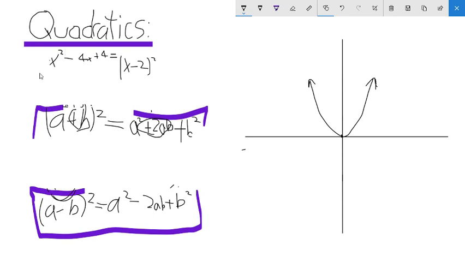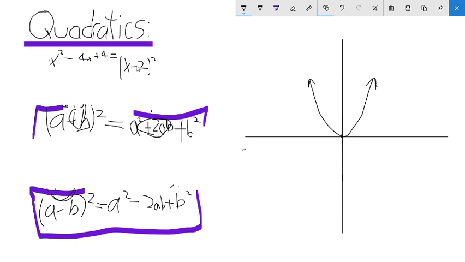So we know our first term here is x. Okay, so next our rule says right here minus 2ab. So we know that 2ab equals 4x. We know a equals x, so we know that 2b equals 4. So that means we know b equals 2.